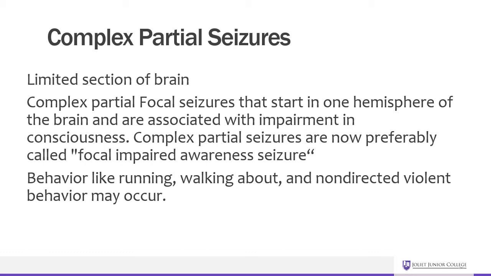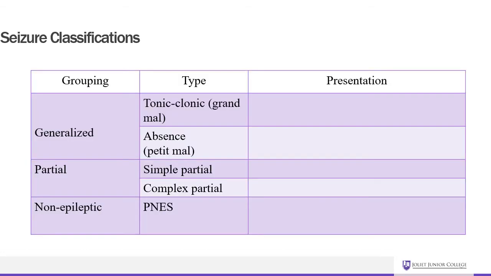One of the new names for it is a focal impaired awareness seizure. When these people are having a seizure, they can run or walk around, and they may have non-directed violence. So if you try to grab them, they may try to shove you away from them. So complex partial seizure, aka focal impaired awareness seizure.